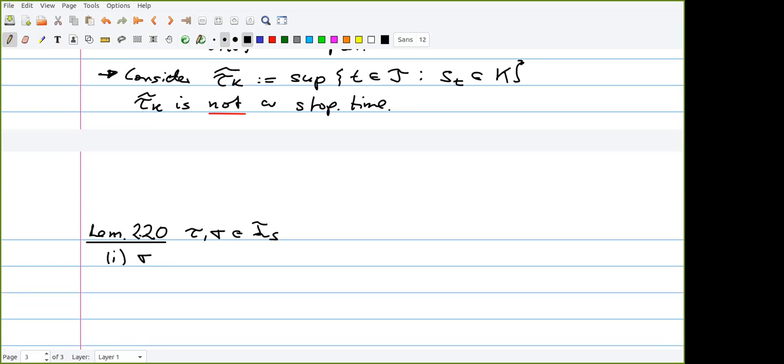First, if we take the maximum, and this little v is just the maximum of the stopping times sigma and tau, and the minimum, this is the little hat, of sigma and tau, they are stopping times.